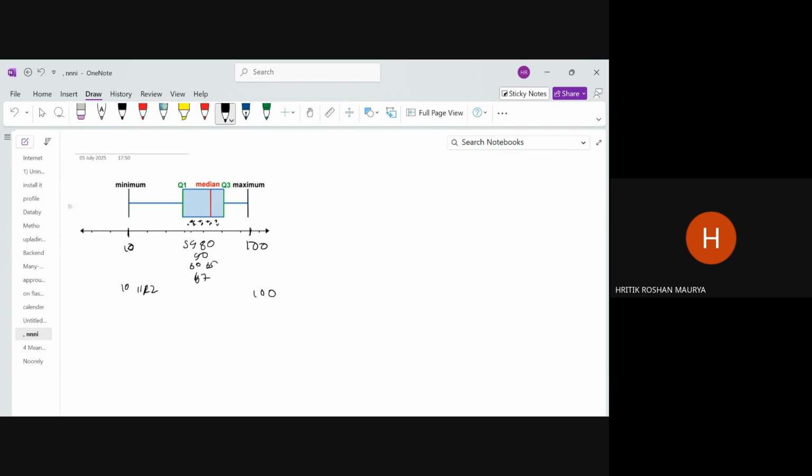Suppose this is 1, 2, 3, 4, 5. 5 data are here, 5 data are here. So this is the 25 percentile of data, meaning 25% of data is here, 25% of data is here, and this is the maximum percentage of data.